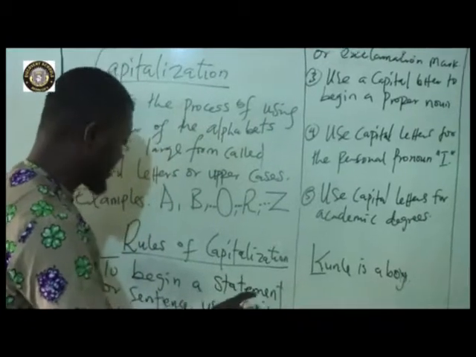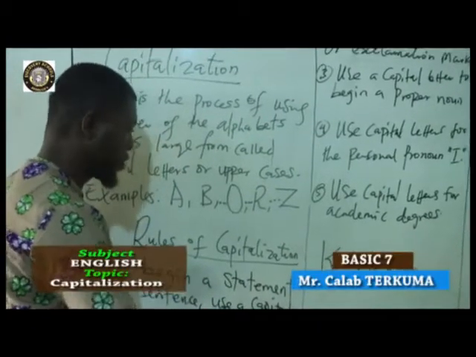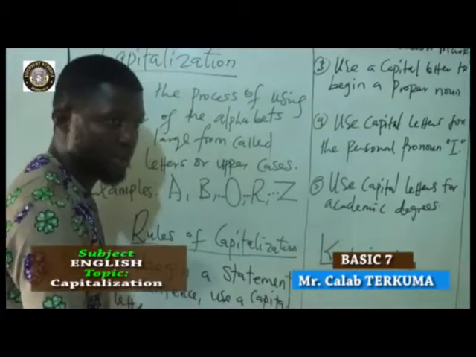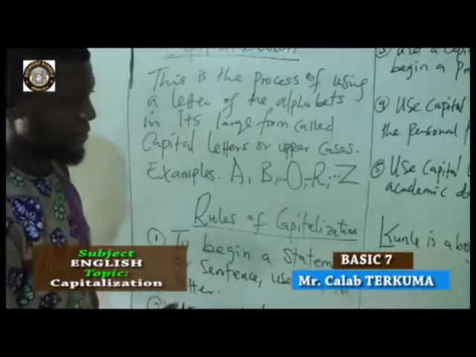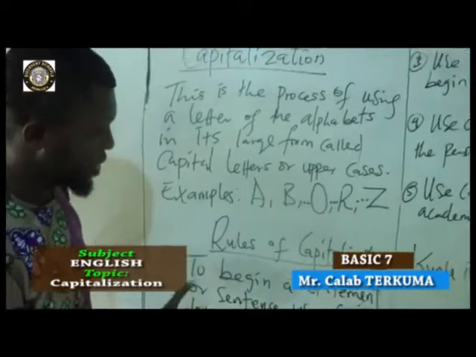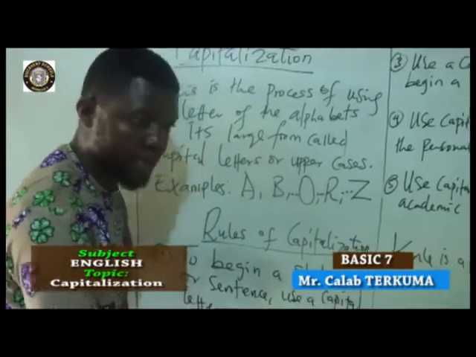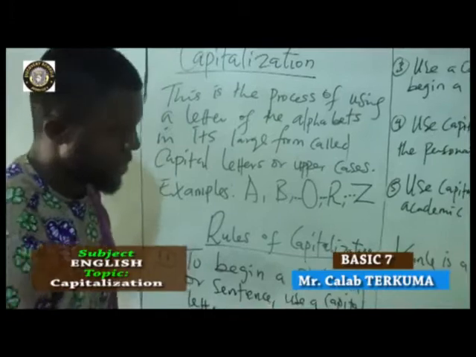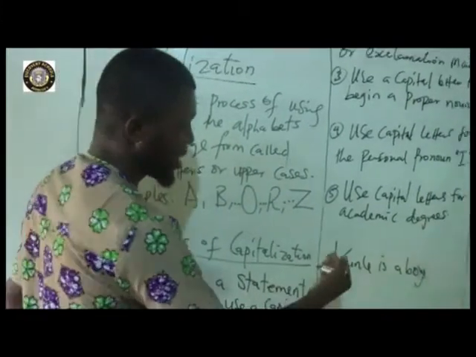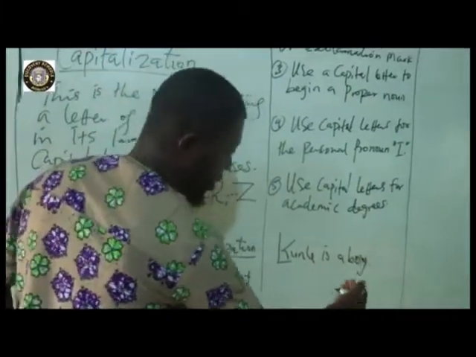So to begin a statement or a sentence, you use a capital letter. I take that again. To begin a statement or sentence, use a capital letter. We want to make a statement. Kunle is a boy.